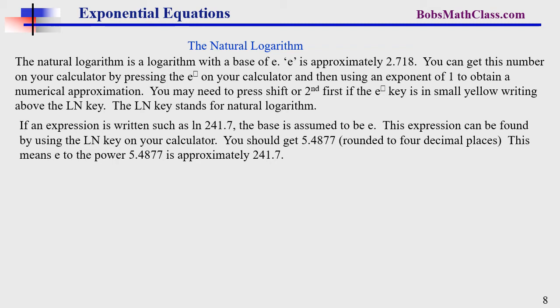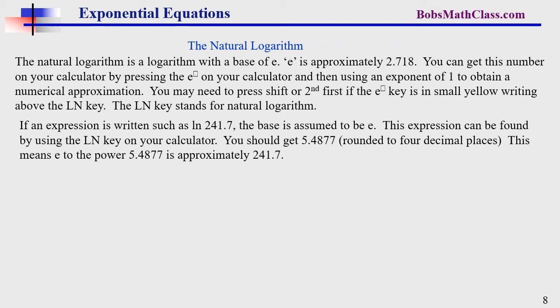All right, so let's go ahead and type in ln of 241.7. So hit ln, and then it opens up parentheses usually. It depends on your calculator. Just go ahead and type in 241.7. You should close the parentheses.